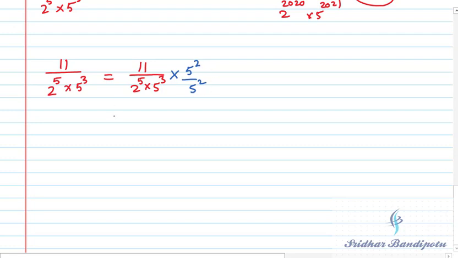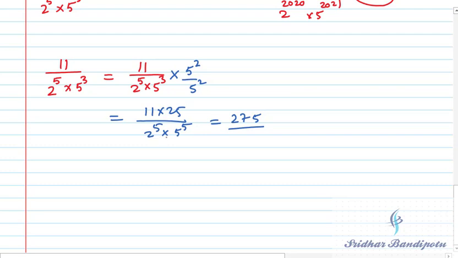Now if you multiply 11 into 5 square, that is 25, by 2 to the power of 5 into 5 cube into 5 square. So what you will get? 5 to the power of 5 you will get. Now 11 into 25: 5 times 11 is 55, 2 times 11 is 22 plus 5, 275 by 2 to the power of 5 into 5 to the power of 5.